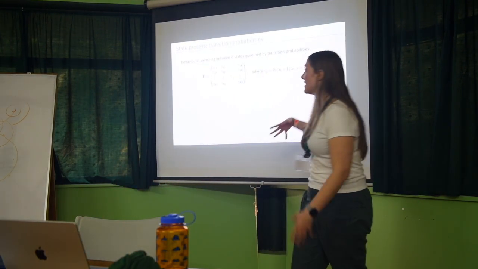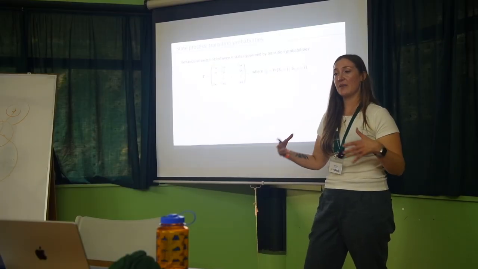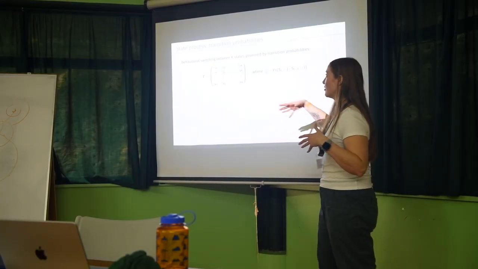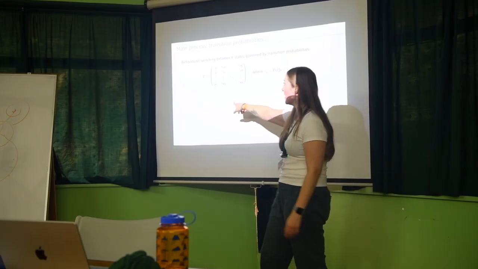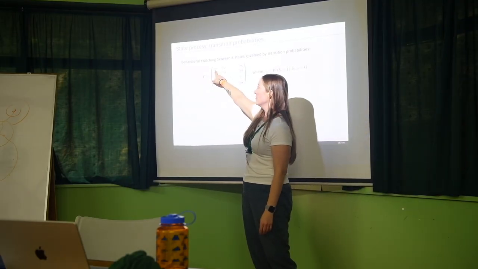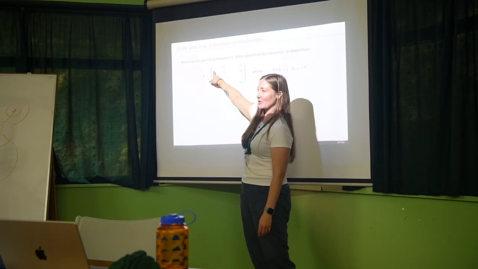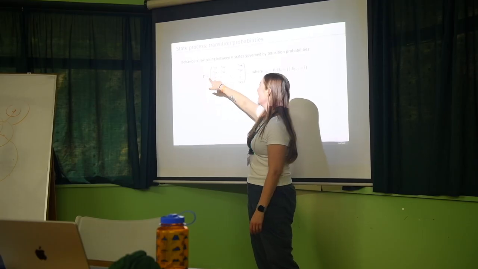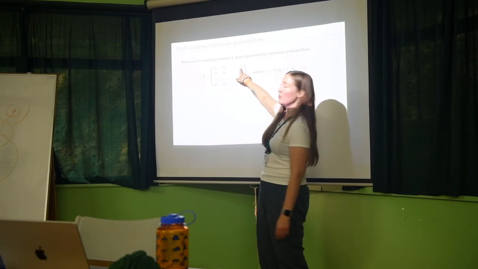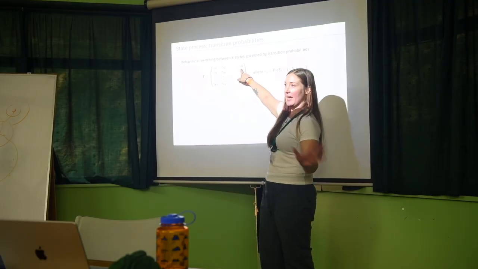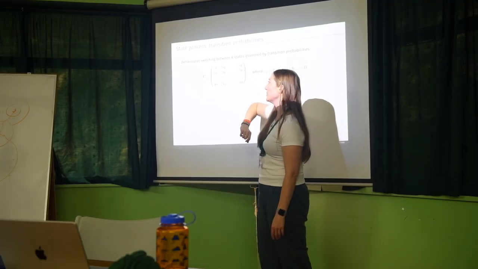The behavioral switching at each time step is governed by these transition probabilities. This is a matrix that shows the probability of staying in state 1, from state 1 to state 1, and then the probability of going from state 1 to state 2, all the way to state 1 to state k, where k is the number of states in your model.